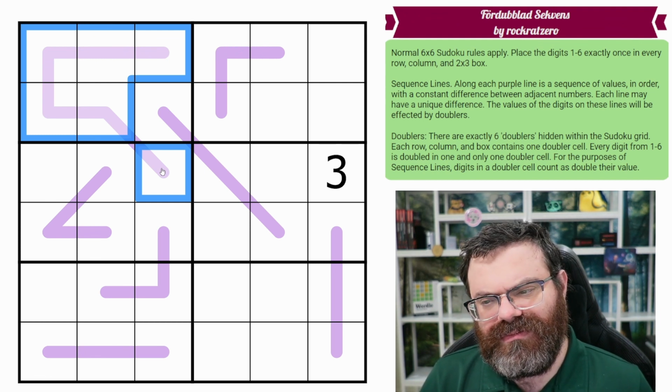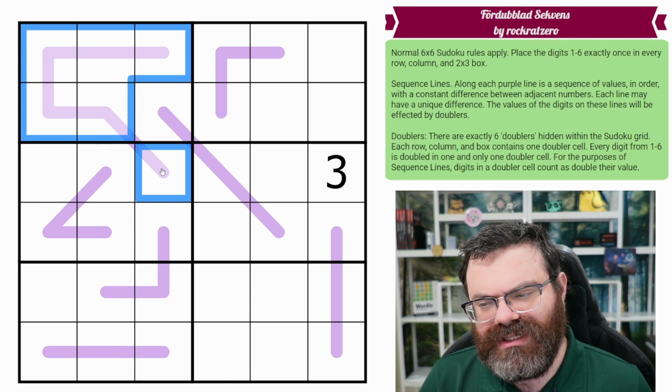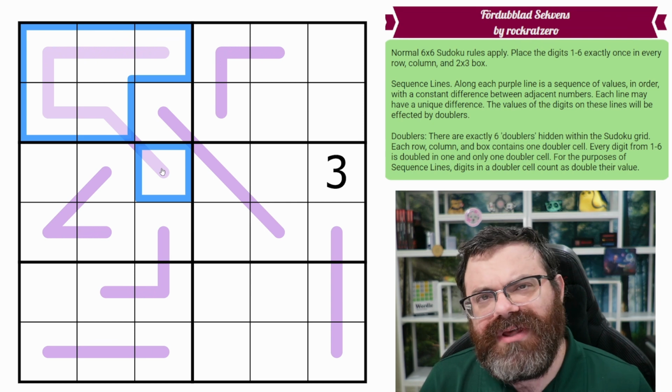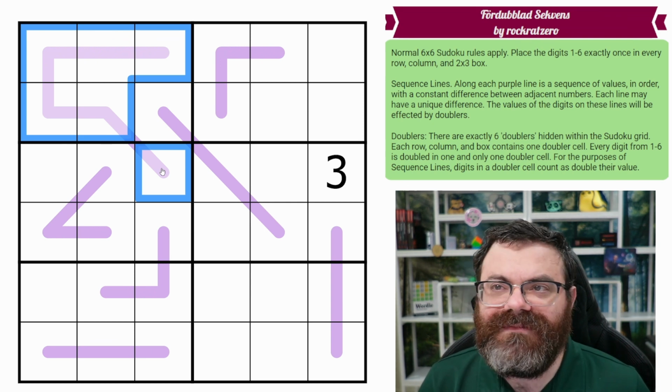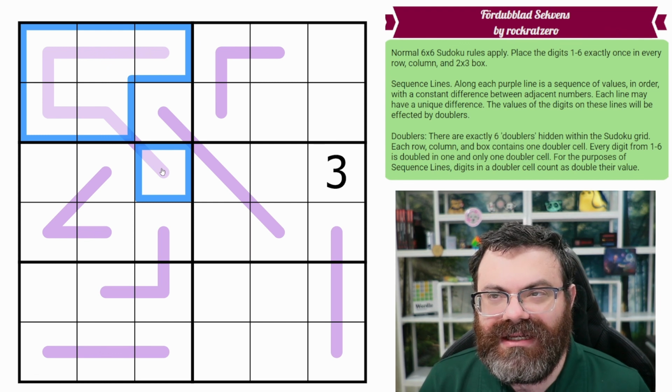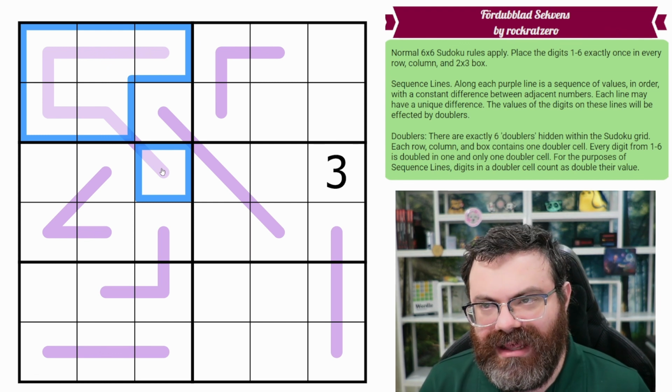I suppose we could double the 5 and double the 6 to get 10 and 12. But if we have 10 and 12 on the sequence line, then we'd also need an 8. So we could double the 4 and double the 5. That would get us 8 and 10.